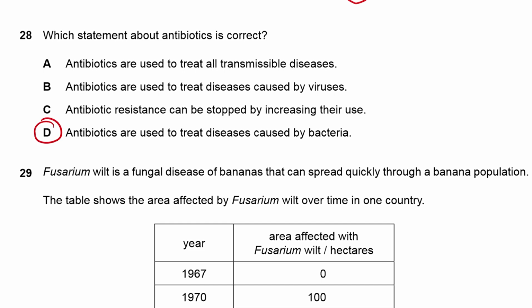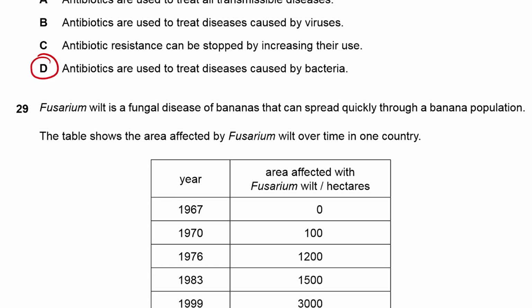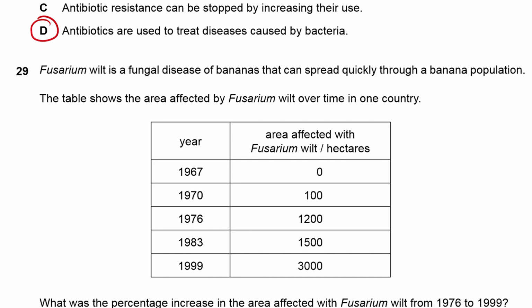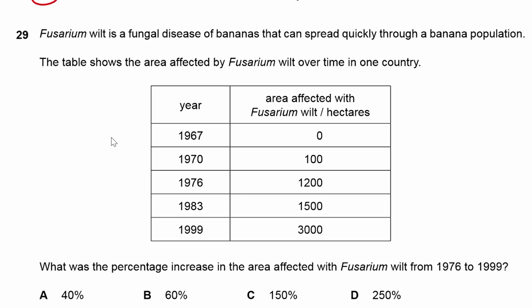Number 29 says, Fusarium wilt is a fungal disease of banana that can be spread quickly through banana population. The table shows the area affected by Fusarium wilt over time in one country. So we have different areas and the area affected by Fusarium wilt in hectares.